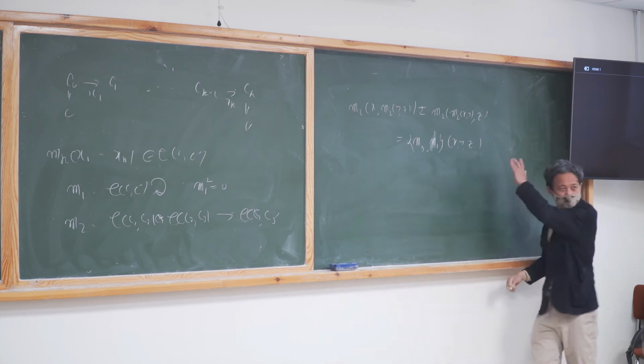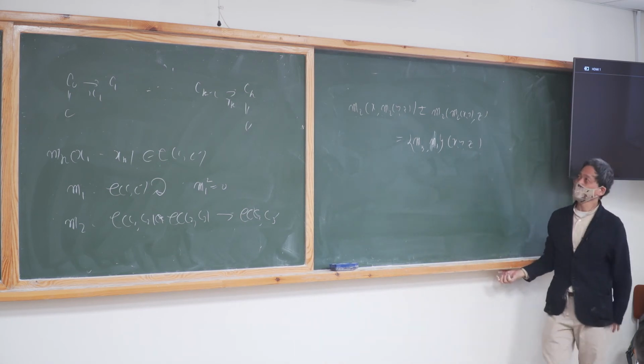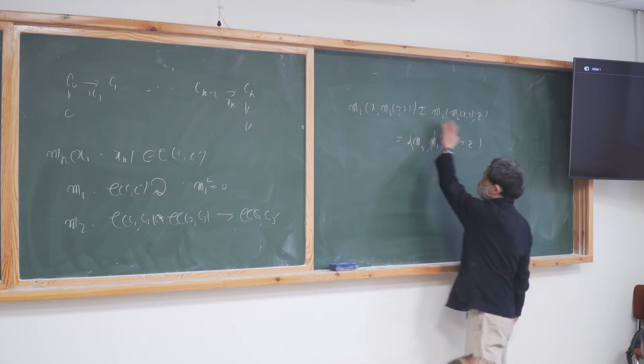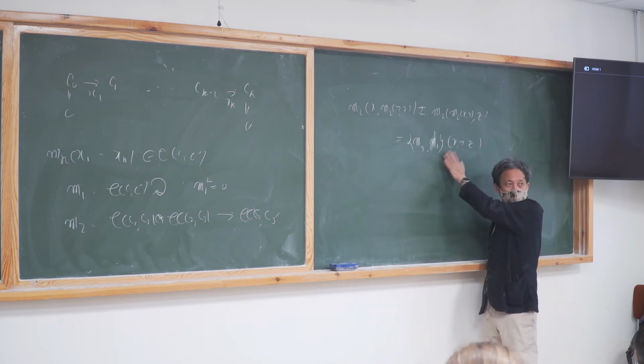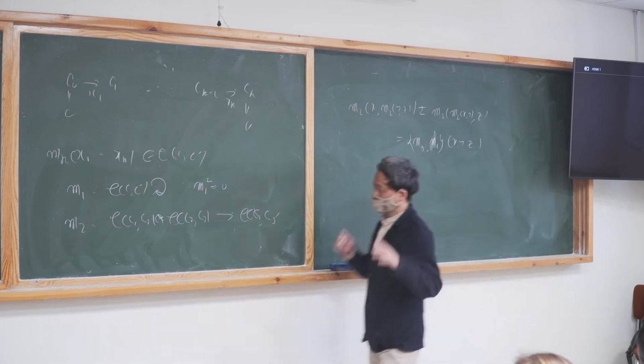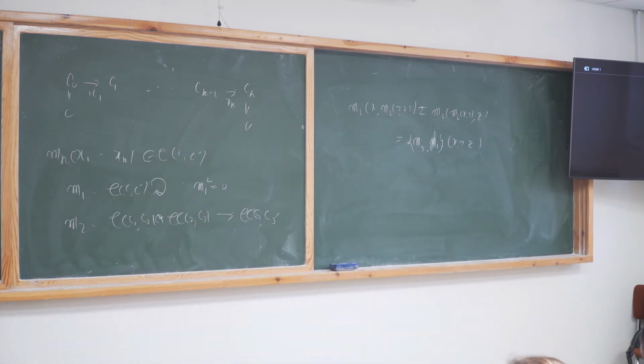So this is the next of the infinity relations. It means that M2 is associative modulo chain homotopy. And you can go higher. So this is the definition of an infinity category.